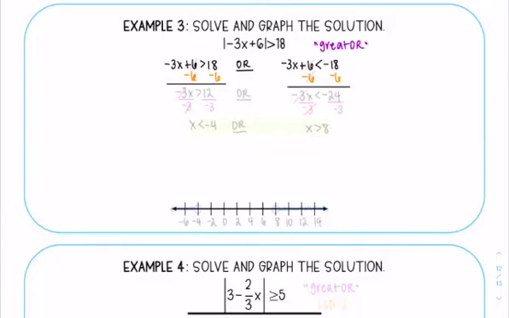And so on the left-hand side, the 6's cancel. And we end up with negative 3x is greater than 12. Or we've got negative 3x is less than negative 24. And so the last step we can do is divide by negative 3.